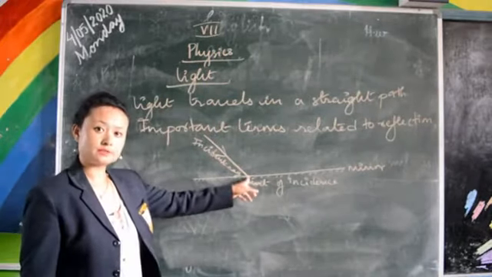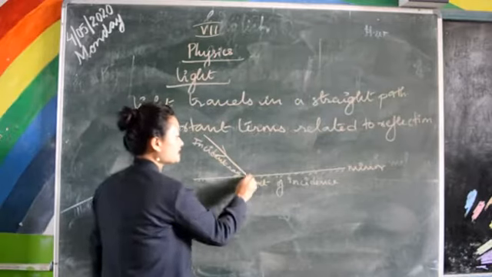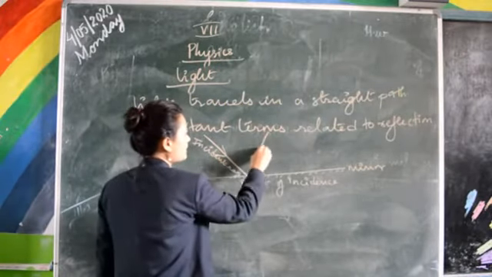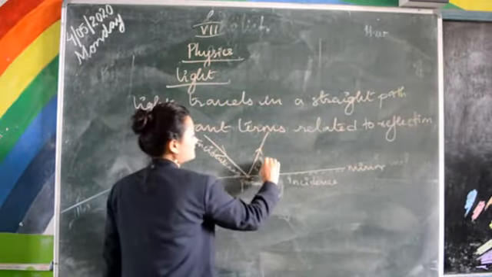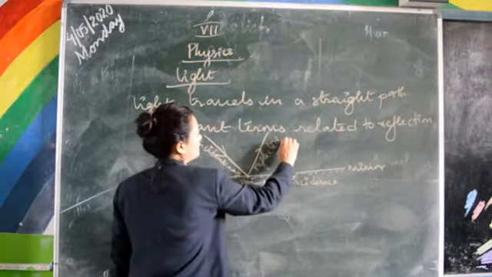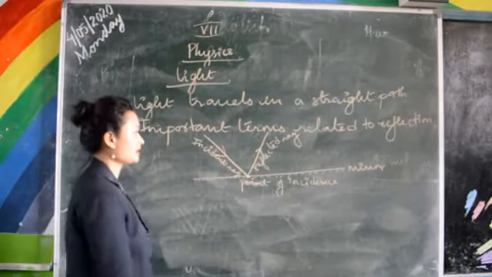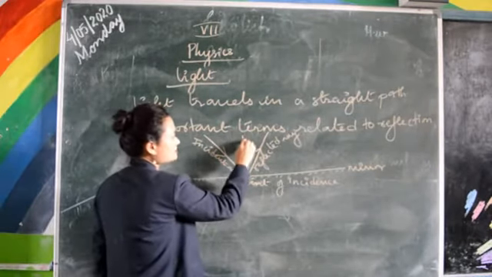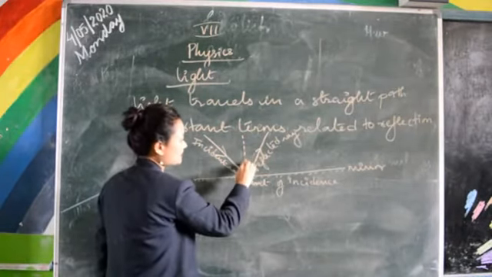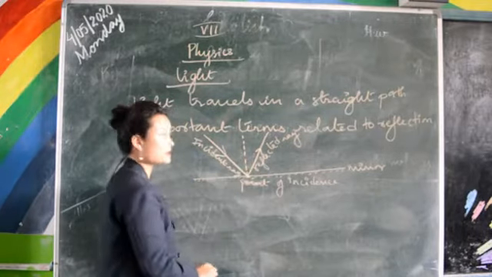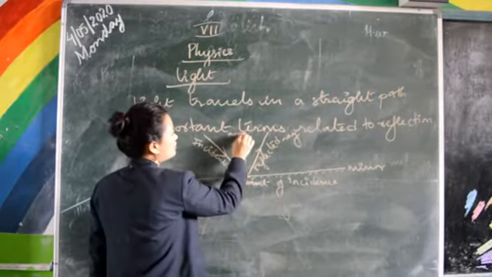As it strikes the mirror, it will reflect back. And when it reflects back, this is called reflected ray. The ray which returns back is called reflected ray. And an imaginary line which is drawn between the incident ray and the reflected ray is called normal.